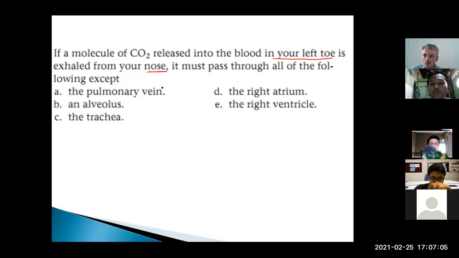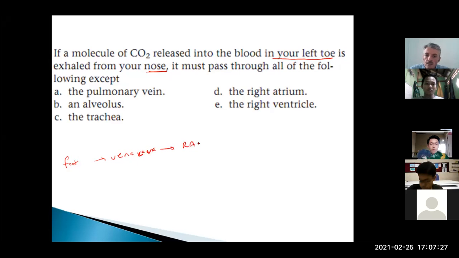It must pass through all of the following except which one? From your foot, right? Your foot, it enters a vein from the leg, and then joins vena cava. The first name I know, I don't know the other blood vessels, vena cava.